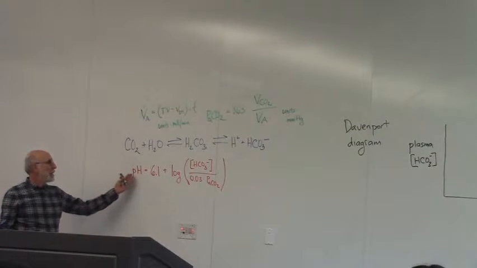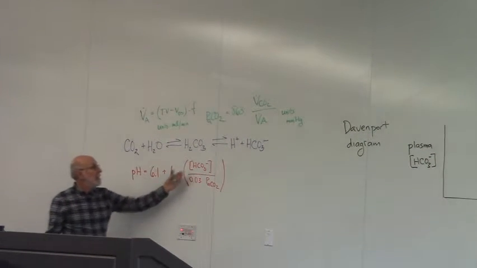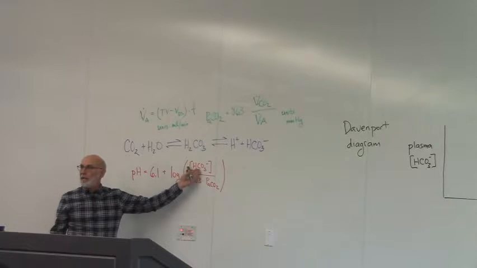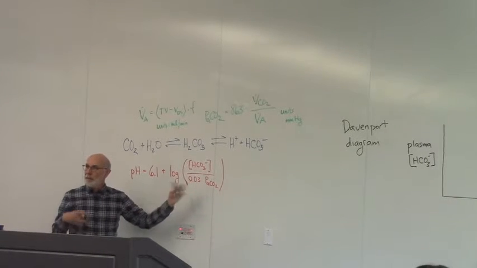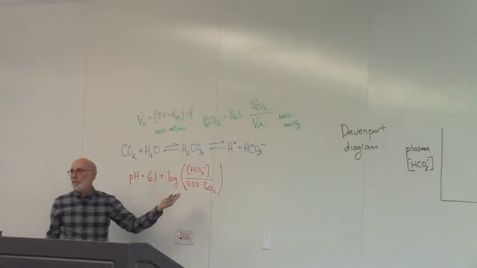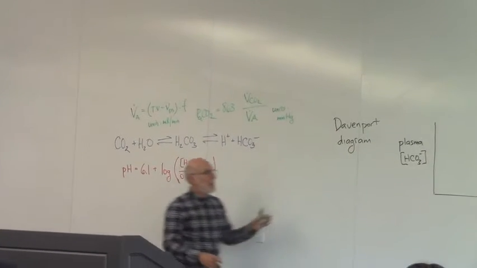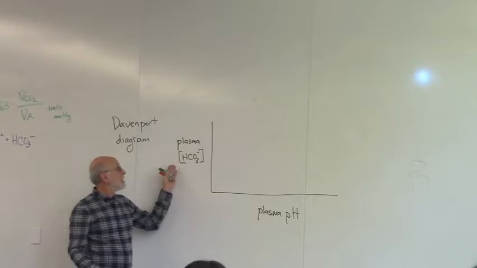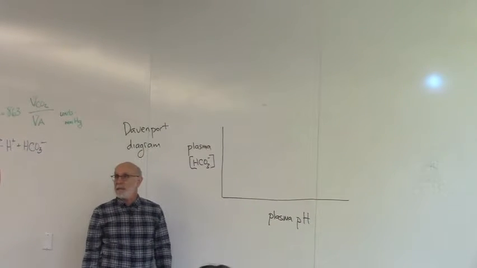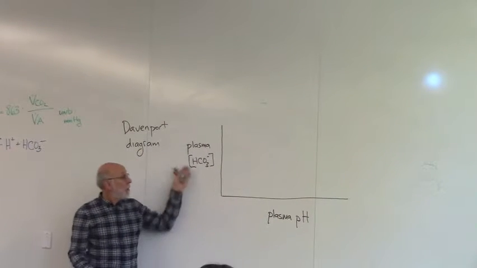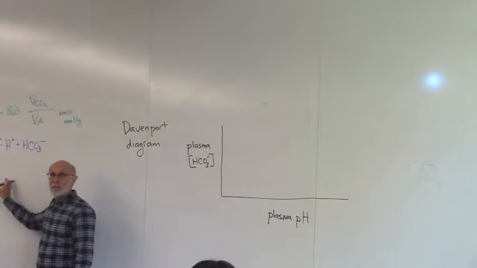You would ordinarily think that this should be the y-axis and this should be the x-axis, the way the Henderson-Hasselbalch equation is written. But the Davenport diagram reverses it for some reason. So pH is on the x-axis and bicarbonate is on the y-axis, always. But it's still just a representation of this equation.